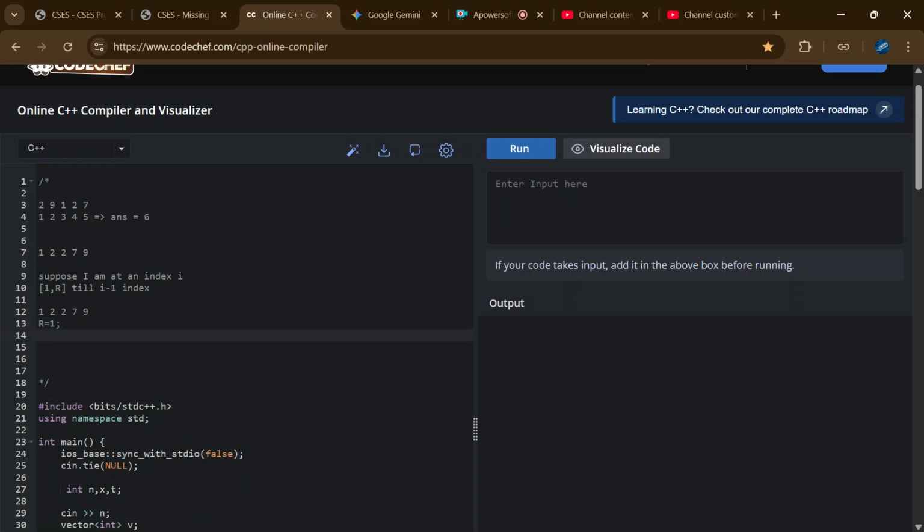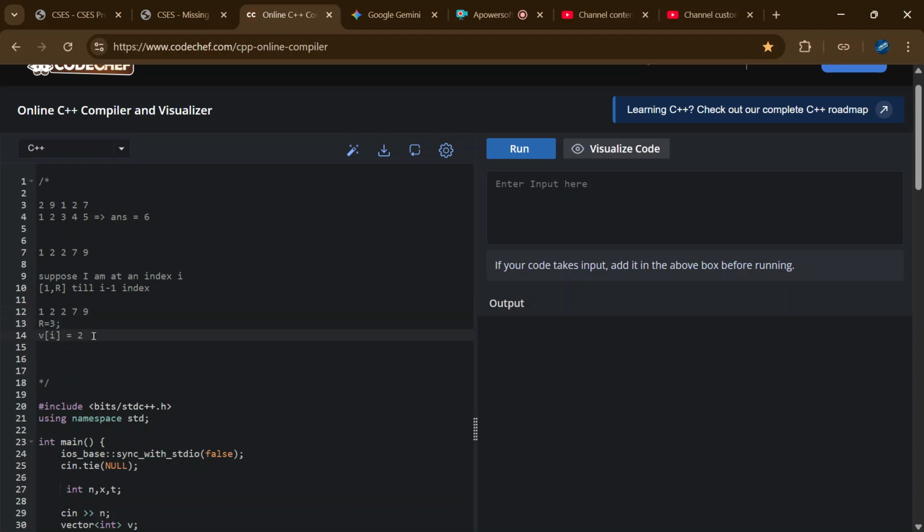And the next number v of i is 2. If the range is 1 to 1, I think it might be confusing for you, so we must try to take some other range. Suppose I am at this index, and here I can make till 3.